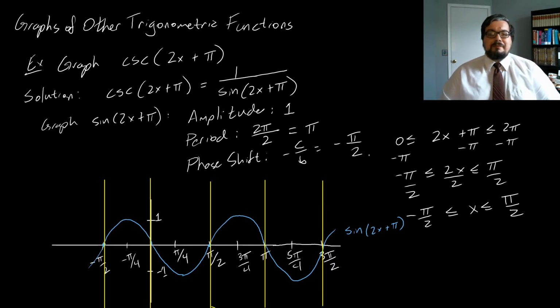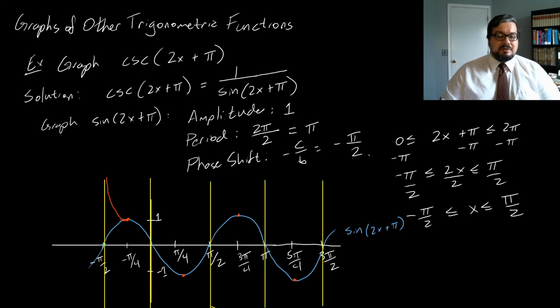Next, we'll graph out what cosecant actually looks like. So what we want to do is we want to take the peaks and the valleys, the highest and lowest points on the graph of sine, and use those to construct cosecant.